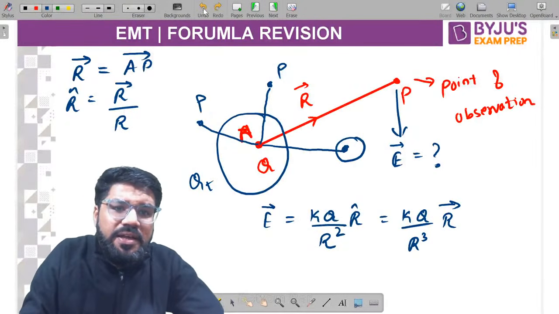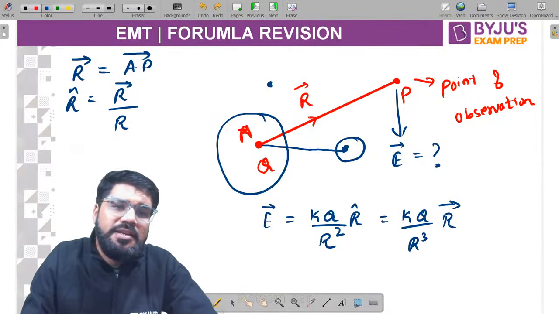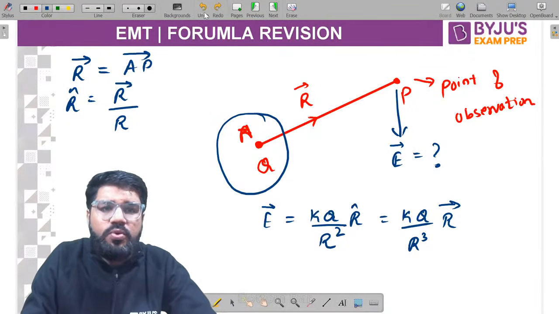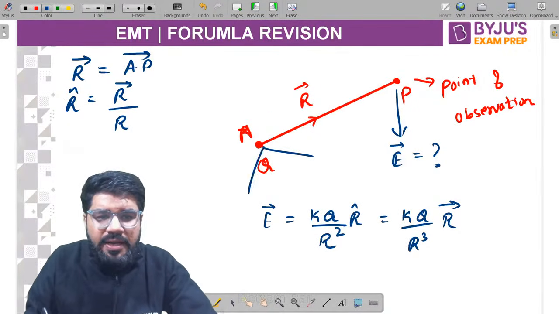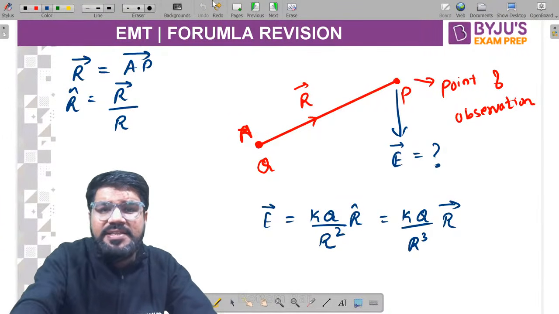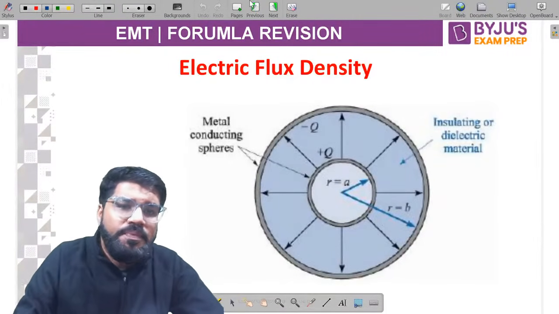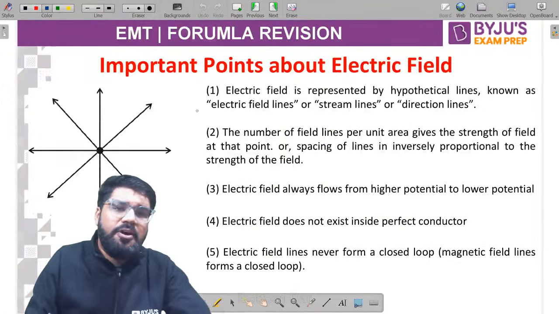So the electric field is in a direction radially away from the source. It is here also, here also, everywhere around the source, and we represent this electric field by the concept of electric field lines, which are hypothetical lines.